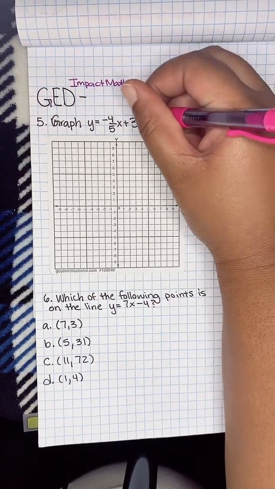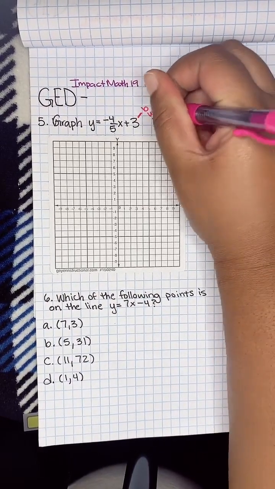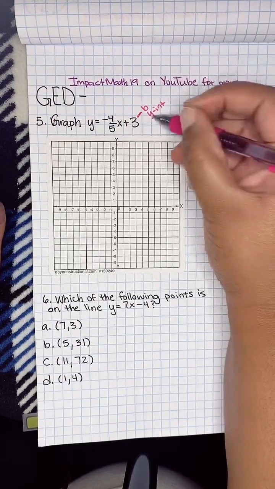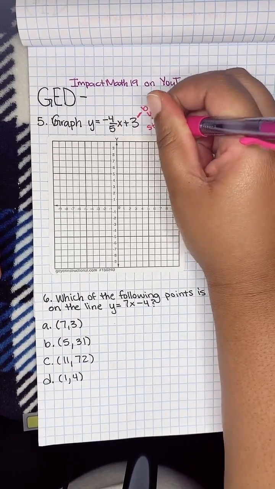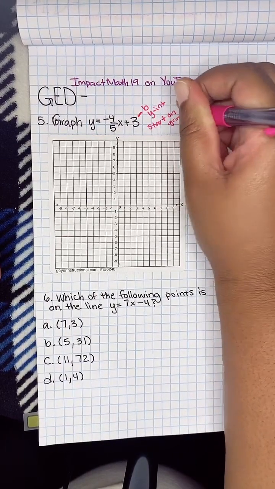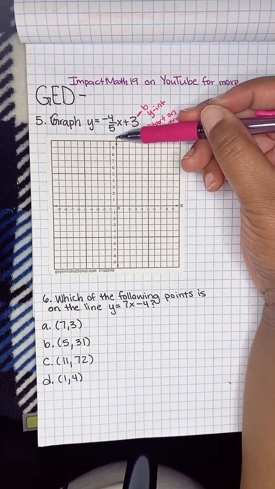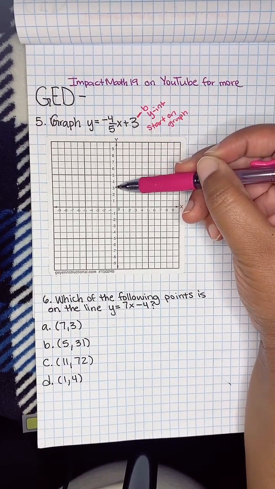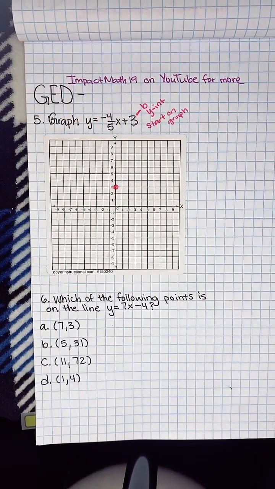Because remember, this is called the b, which is called the y-intercept. So this is telling me where I need to start on my graph. Okay, so I start at 3 on my y-axis. So I'm going to go all the way up till I put my point at 3. That's my first point right there.